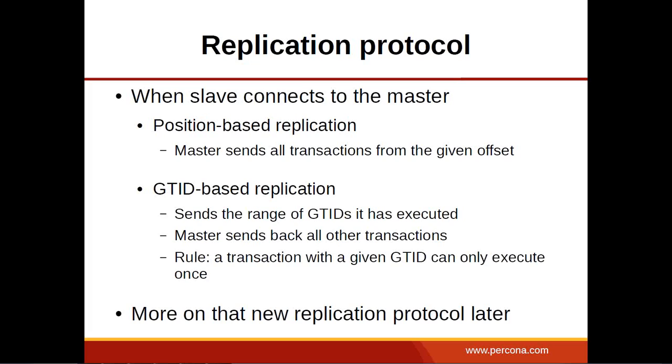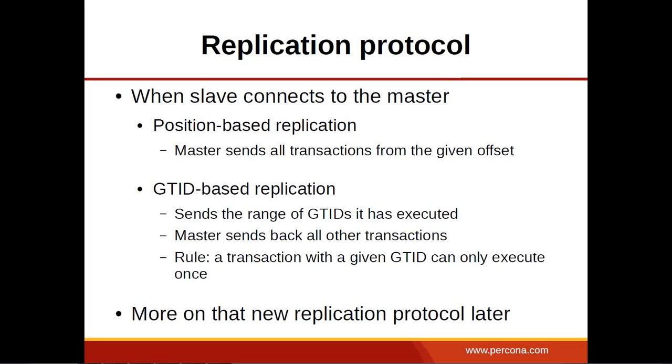With GTID-based replication, it's a bit different. First, when the slave connects to the master, it sends the range of GTIDs it has executed. Then the master looks at this range and sends back all the other transactions.